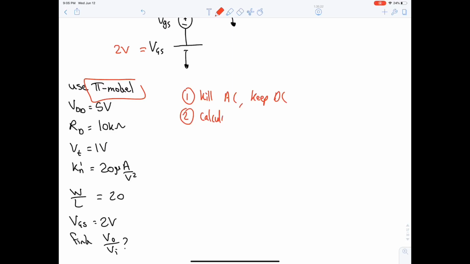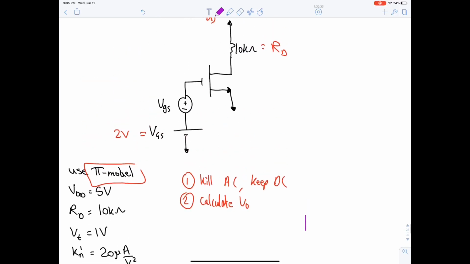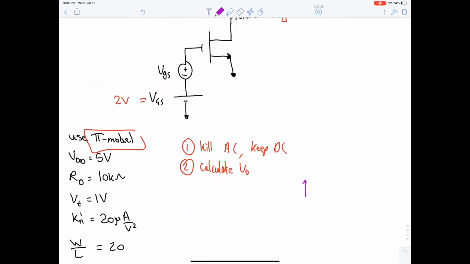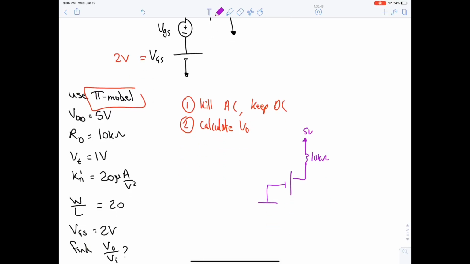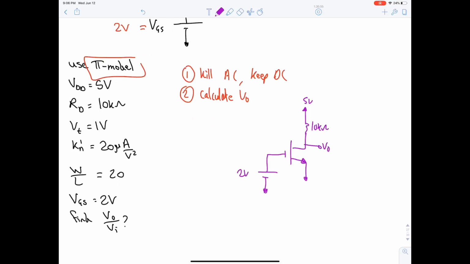Calculate VO. The circuit will be like this: 5 volt, 10K, 2 volt. V naught is here. This is ID.